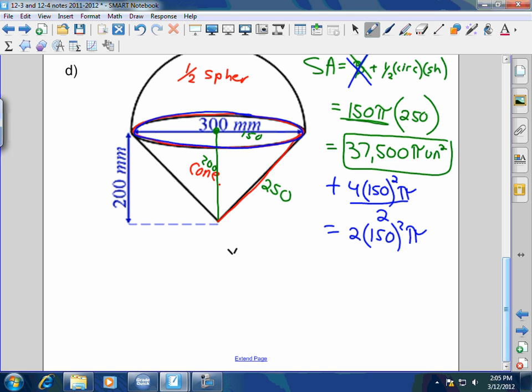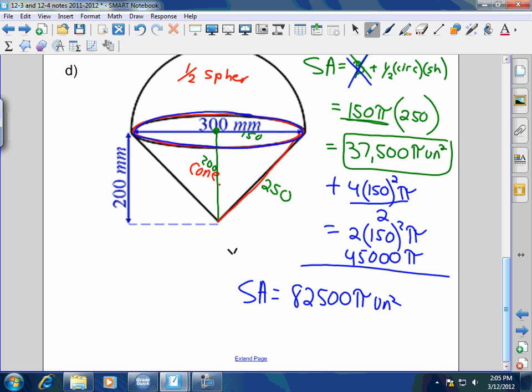So you got 2 times 150 squared equals 45,000 pi. So in total, my total surface area is going to equal 82,500 pi units squared.